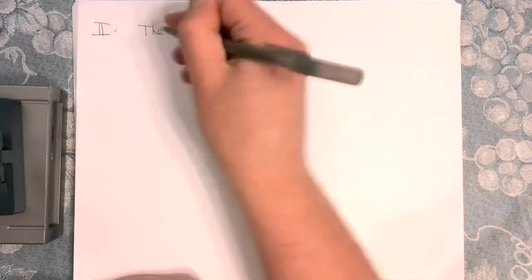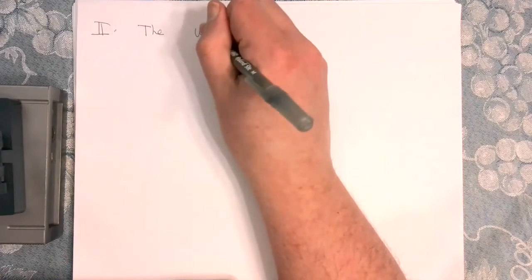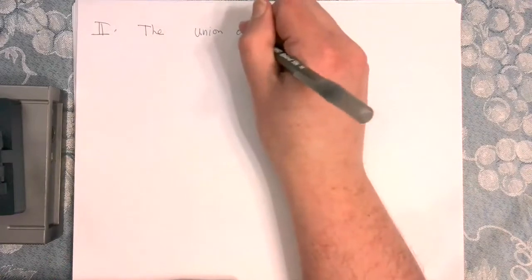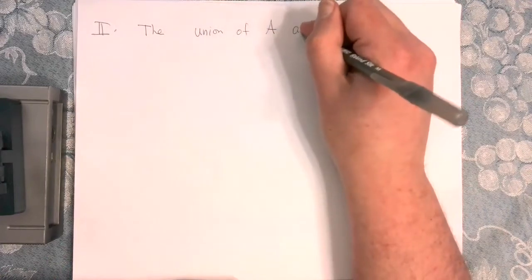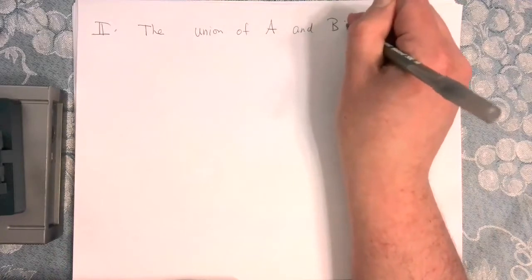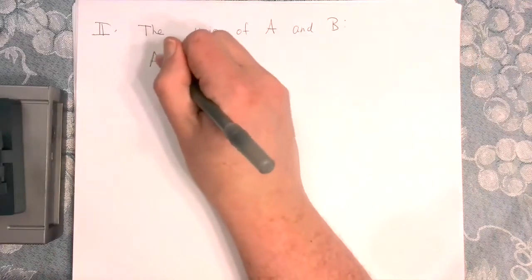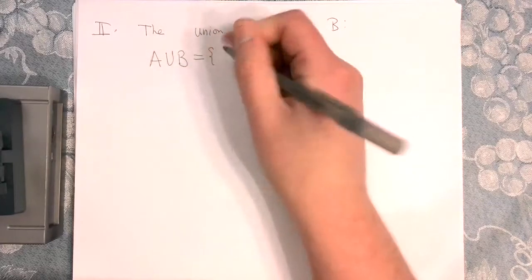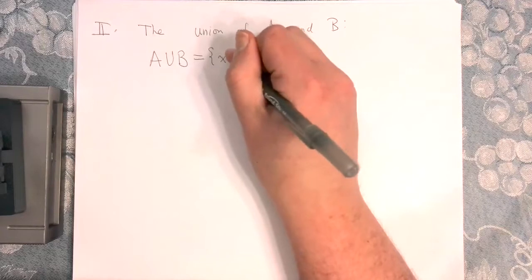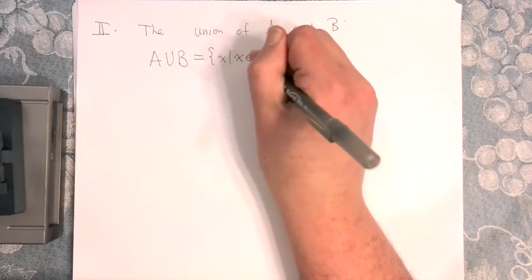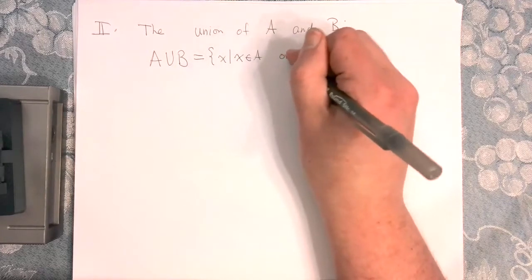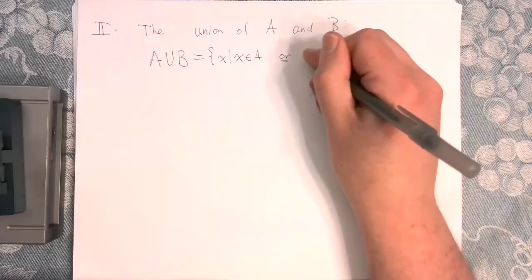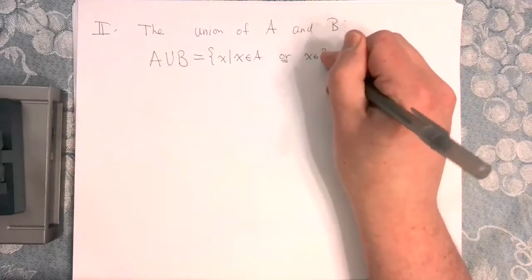Okay, so the union of set A and set B. A union B is equal to the set of all elements X such that X is in set A, or, so be careful, X is in set B.